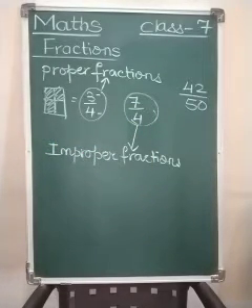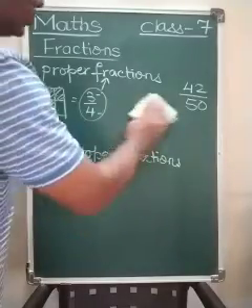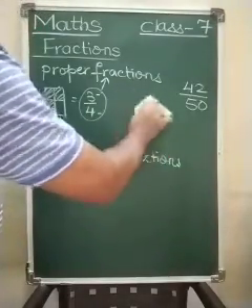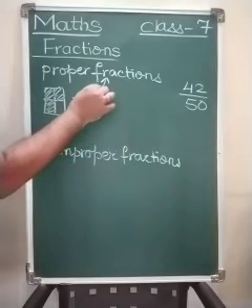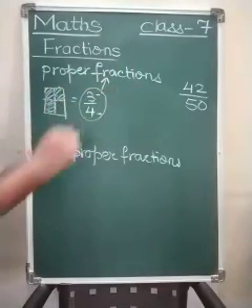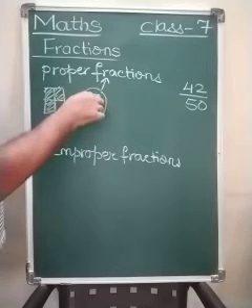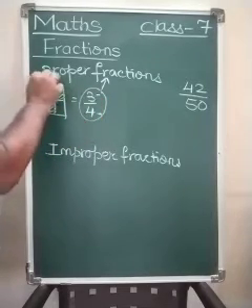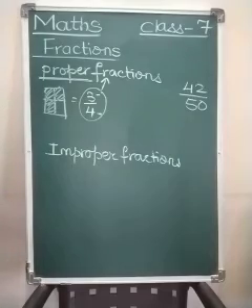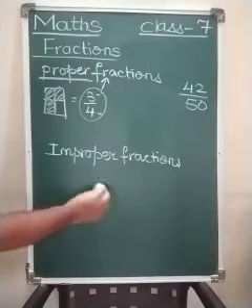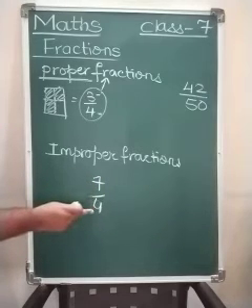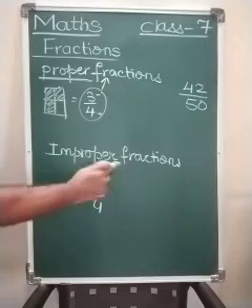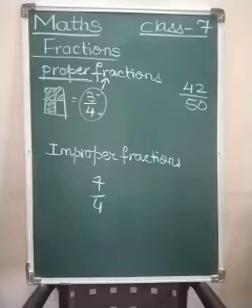In simple words, what we use is that if the denominator is greater than the numerator, once again I will repeat, if the denominator is greater than the numerator, then we call it a proper fraction, and if the numerator is greater than the denominator, then we call it an improper fraction.